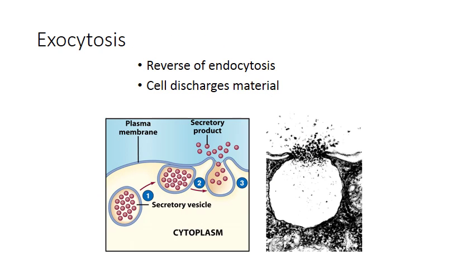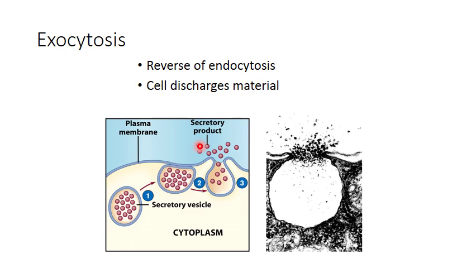Exocytosis is the reverse of endocytosis. This is exiting the cell. So the cell discharges material. It is the process whereby vesicles in the cytoplasm fuse with the plasma membrane and release the contents of their solution outside of the cell.